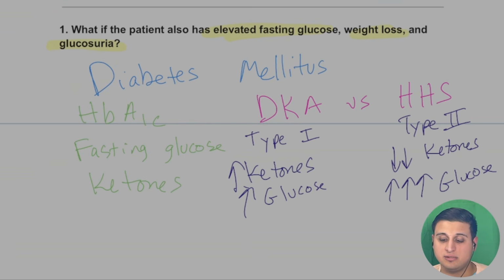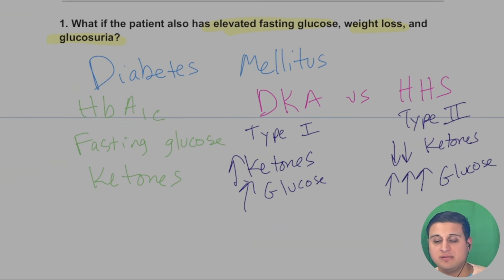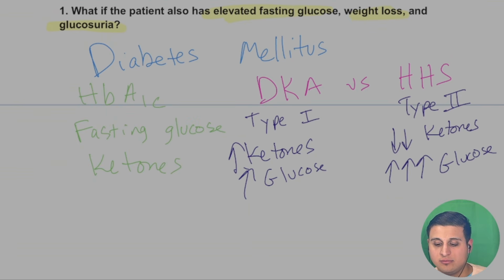HHS, and I'll explain. So DKA is diabetic ketoacidosis. HHS is the hyperglycemic hyperosmolar state, in which case they have way too much sugar, not in their urine, too much glucose in their blood. The glucose is like 900, all right? So they're going to come in with similar symptoms where they might have altered mental status, right?